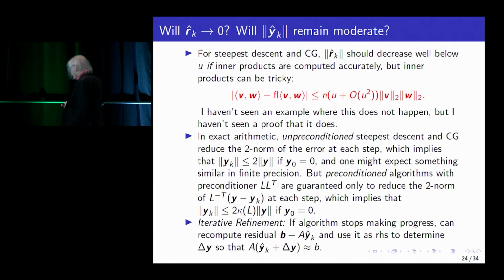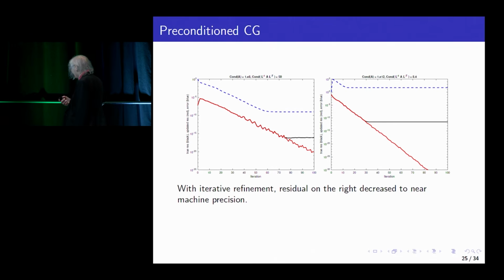And so one way to get around this is to use iterative refinement. If the algorithm stops making progress, you can recompute b minus A times y_k hat. You'll presumably get some digits of accuracy, and use it as the right-hand side to determine a value delta y, such that A times (y_k hat plus delta y) is approximately equal to b.